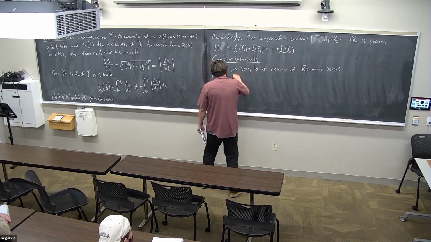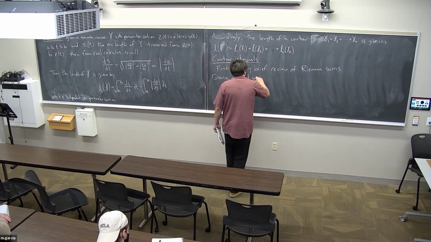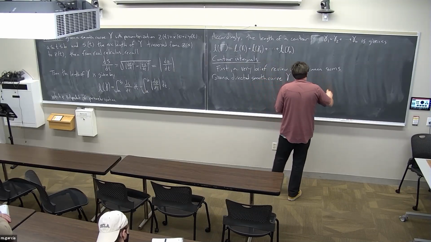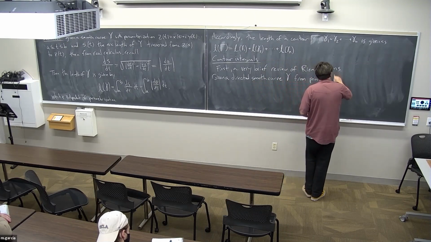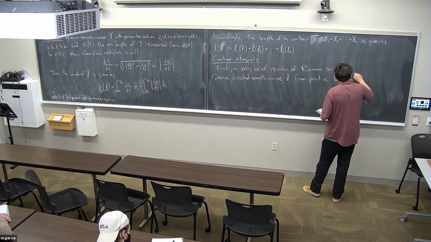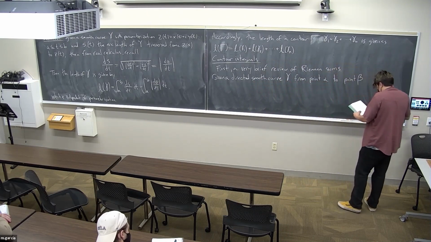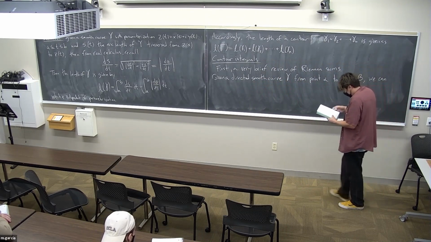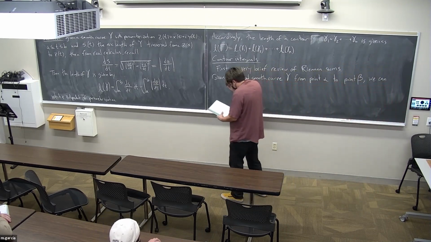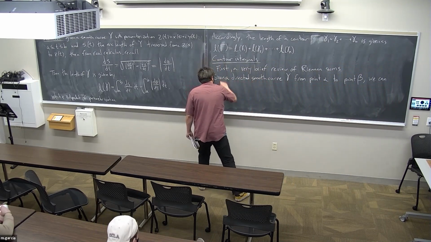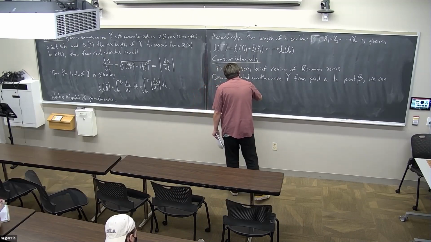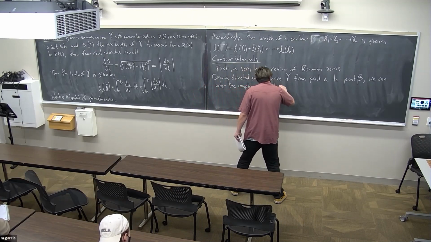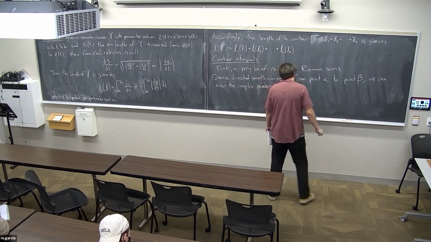Given a directed smooth curve, gamma, from point alpha to point beta, we can, this is kind of interesting, but hopefully obvious when you think about it, we can order the complex numbers lying on gamma, I'm sorry, lowercase gamma.